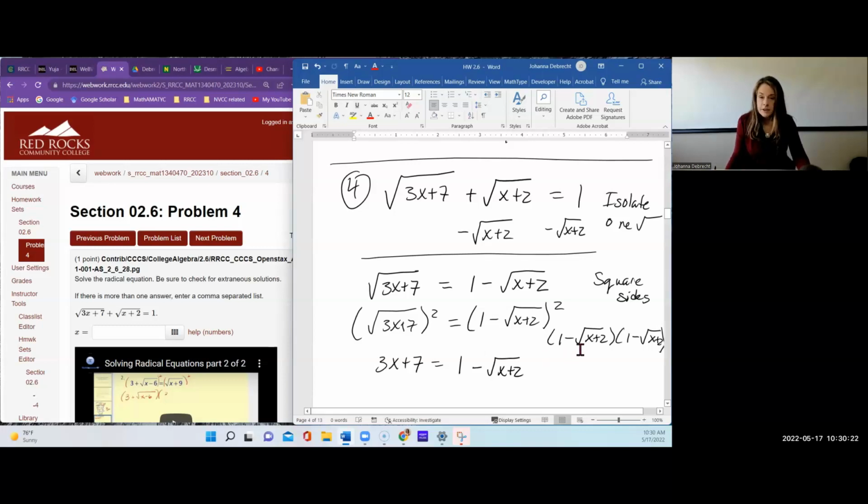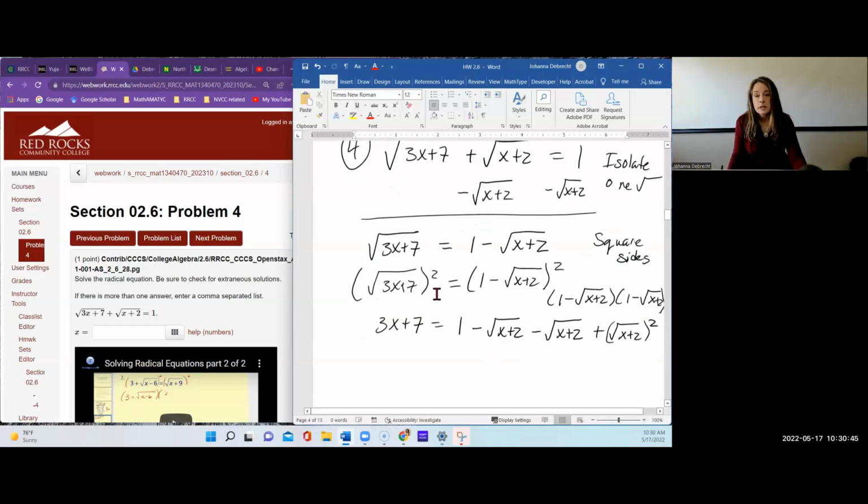On the inside, I have the negative radical times a 1 again, which gives me the negative radical again. Now I have the last product, which is the negative radical times itself, which squares it. When I do that, I have a negative times a negative, which is a positive, and the radical times itself gives me the radical squared.